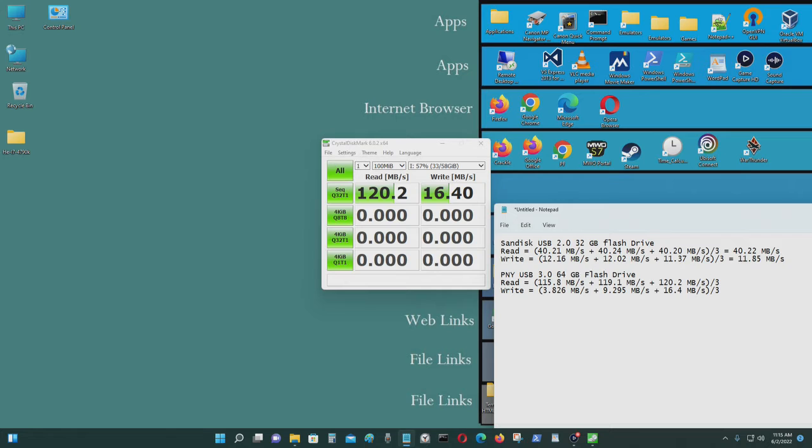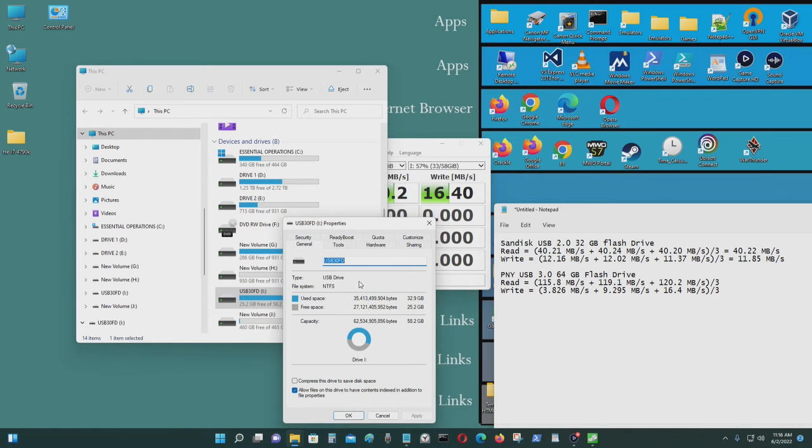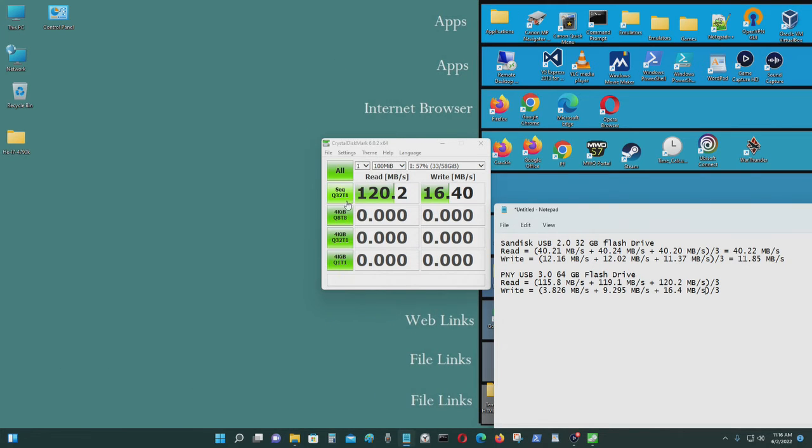Megabytes per second. That's quite a wide spread. Let me see what the format of this drive is. The file system is NTFS. Let me try it again.